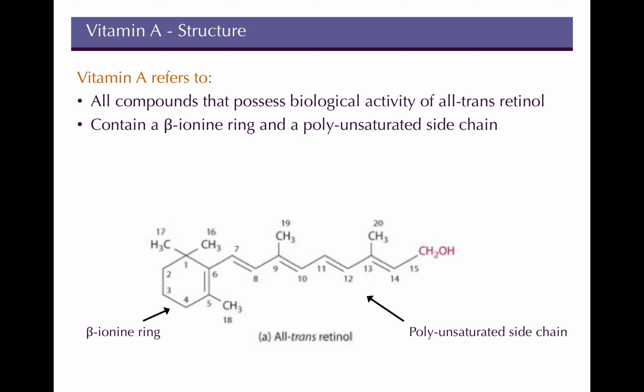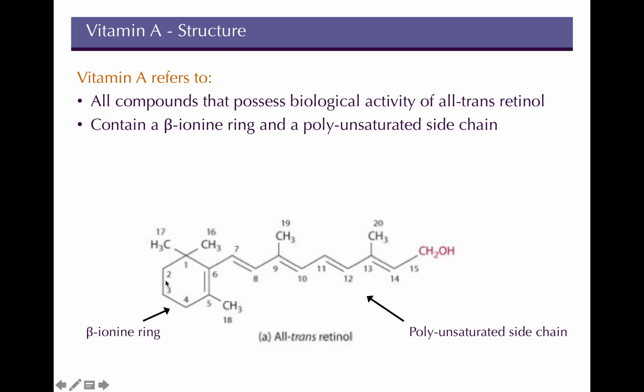So, structure of vitamin A. Basically, vitamin A has a lot of different vitamers, which we're going to go through. It's a bunch of compounds that possess the biological activity of all-trans retinol. There's also retinal, so I'll try to make that distinction because it's kind of hard to hear. Basically, all these compounds look the same.